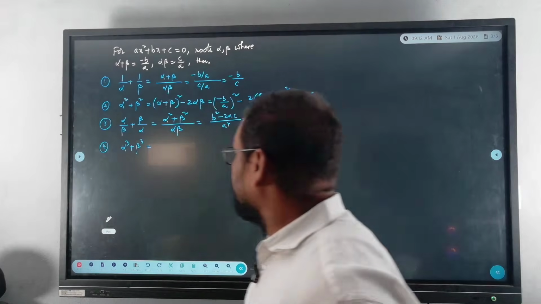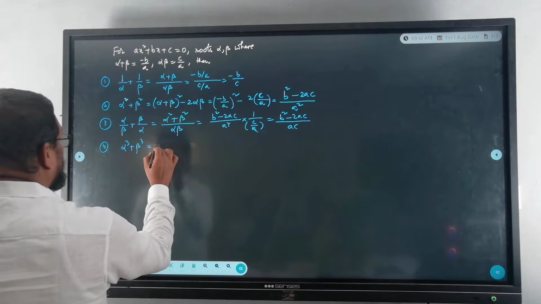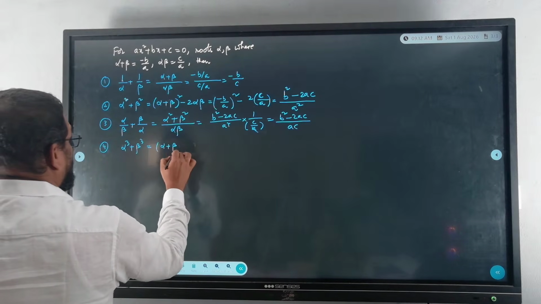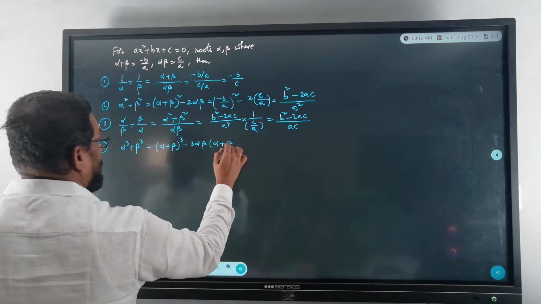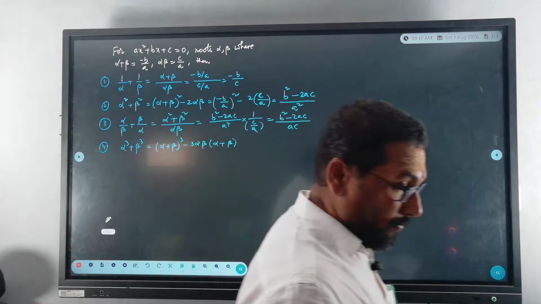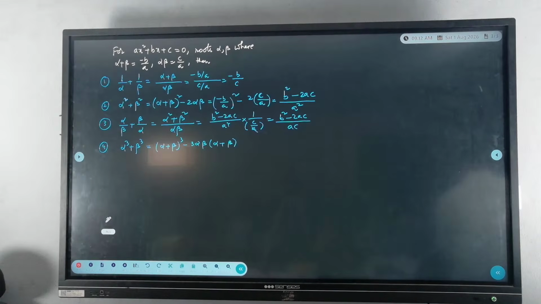Alpha cube plus beta cube. What is a cube plus b cube? Simplify.